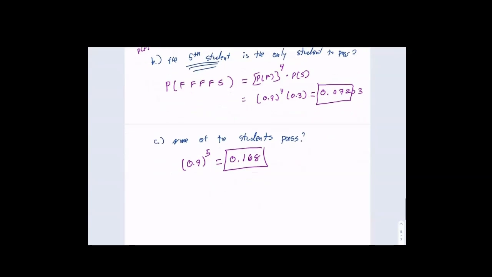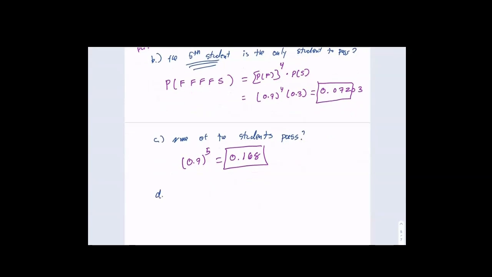And our final question, D. What is the probability that at least 1 student passes?